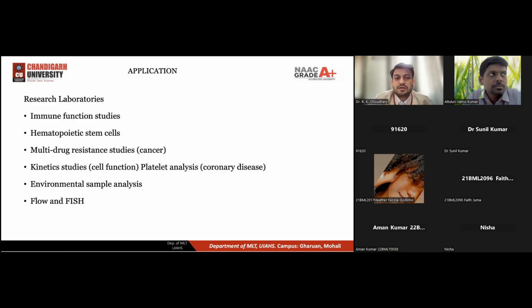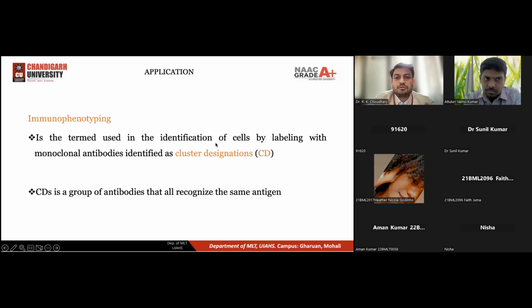Hematopoietic stem cells, multi-drug resistance studies in cancer patients, kinetic studies like cell function, platelet analysis, coronary disease, environmental sample analysis, flow and fluorescent in situ hybridization. So these are the things you can do through flow cytometry.